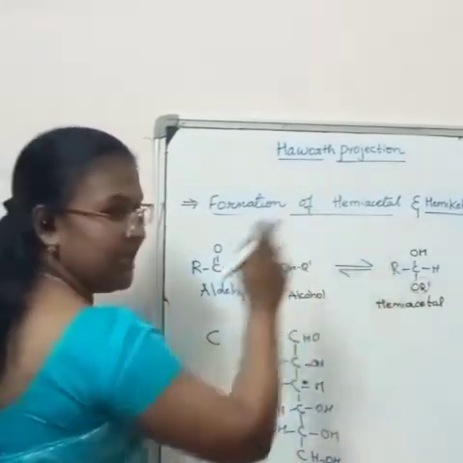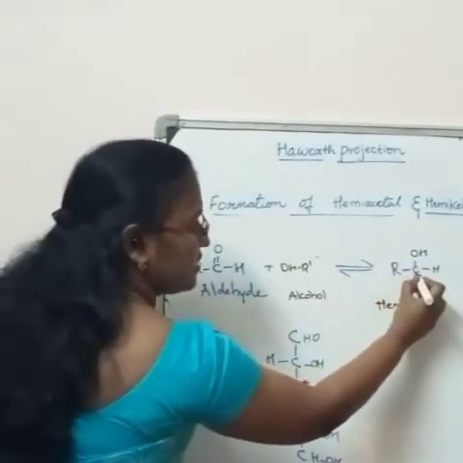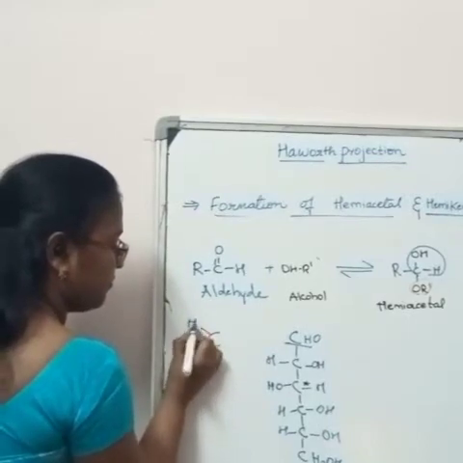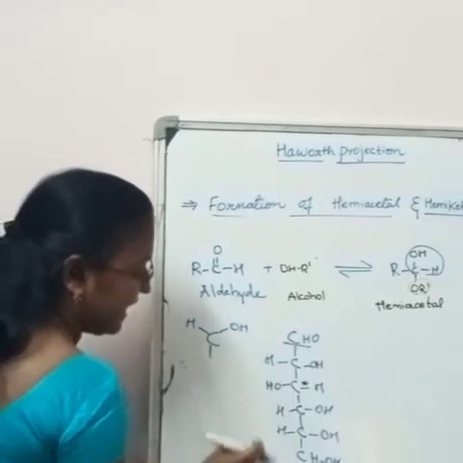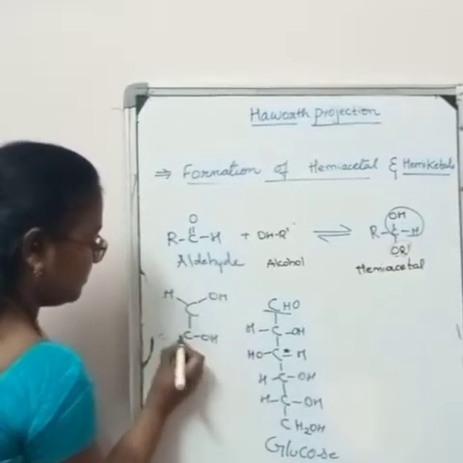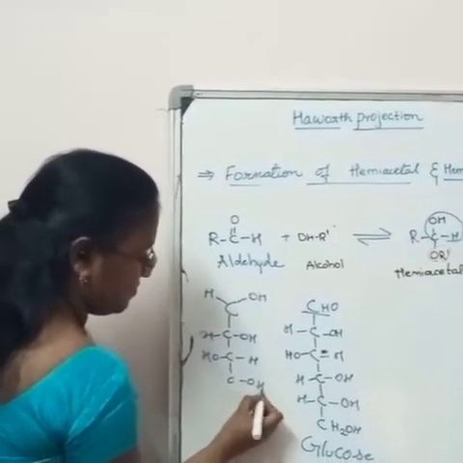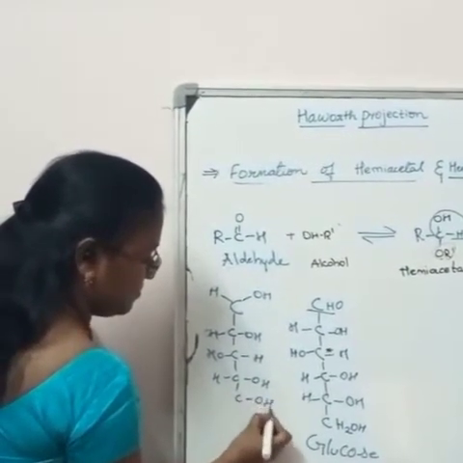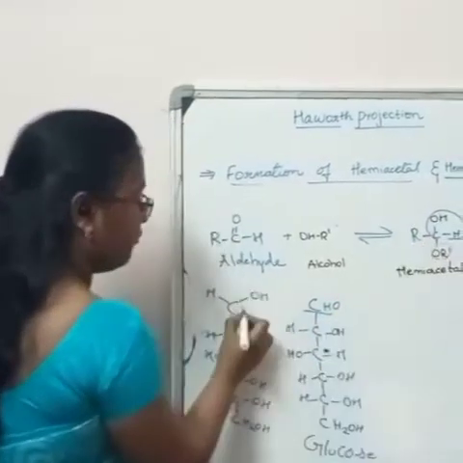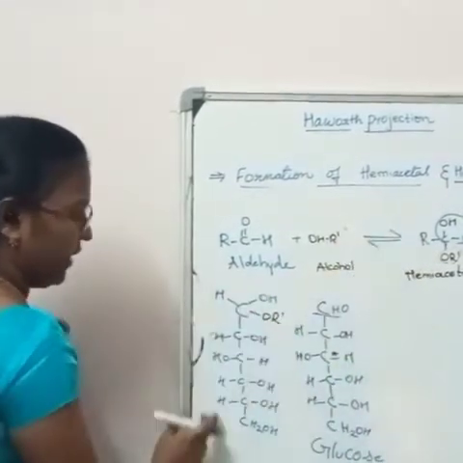Now I am showing this in relation to this molecule, and the entire chain I am considering as R. To this carbon we have one more alcohol group representing here. This is the structure which I have shown very clearly here.